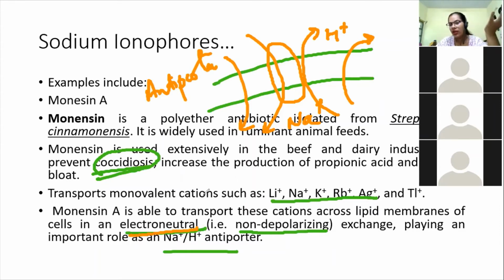Now, when we were talking about calcium, we mentioned that it transports the ions in one direction. So there it is not electroneutral, because on one side of the plasma membrane the charges are going to increase. Whereas in this case, if two charges come in intracellularly, two charges go out extracellularly.